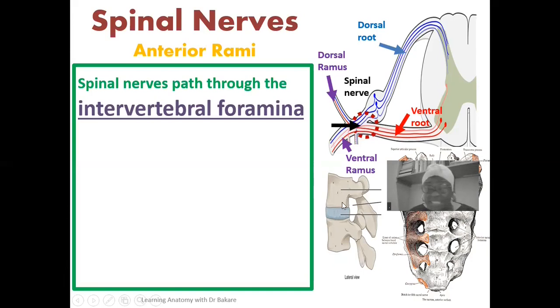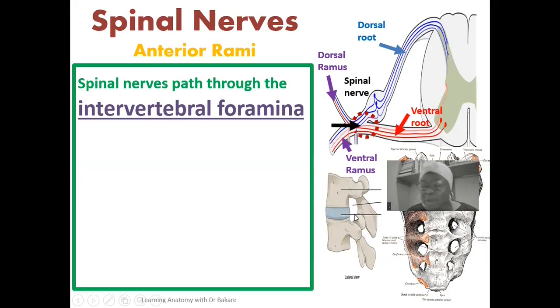So if you try to use this image down here for illustration, this is where we have the vertebral column. And we know that the vertebral column basically is made up of small pieces of bones that are arranged one on top of each other. Of course, they are joined at the intervertebral disc. So you have the vertebral bone up here, you have another one down here, while at the middle, we have the intervertebral disc joining the two vertebral bones.